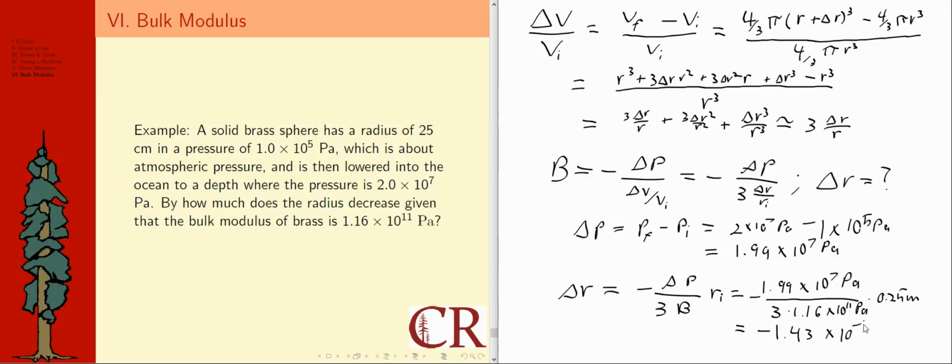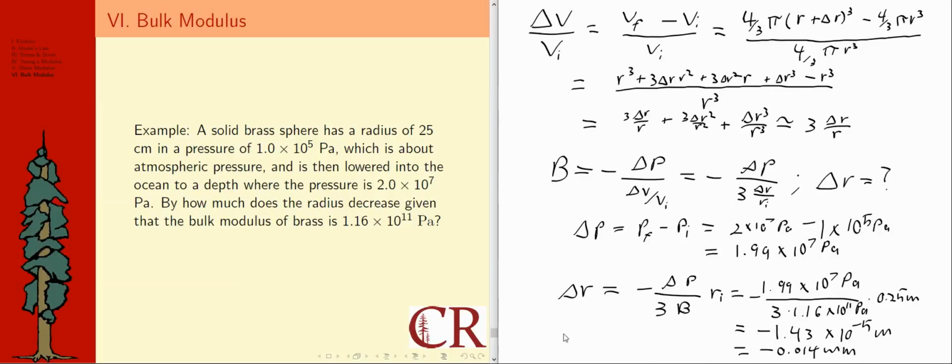Times 10 to the minus 5 meters. If I multiply this by 1,000, that would give it to me in millimeters, since it looks like this is a small number. Millimeters might be a good unit here. I get minus 0.014, maybe rounding off to two significant figures now.